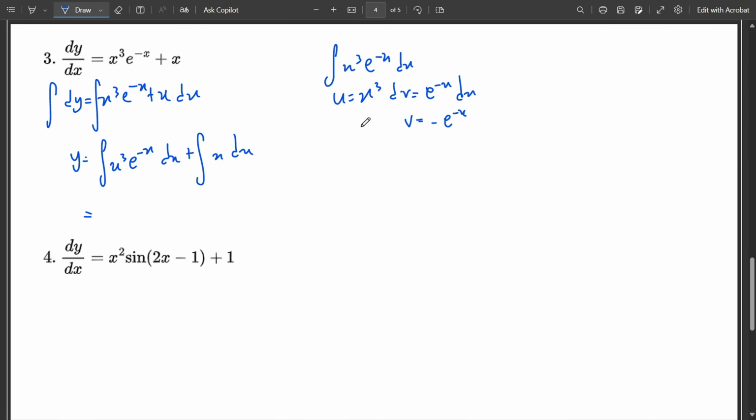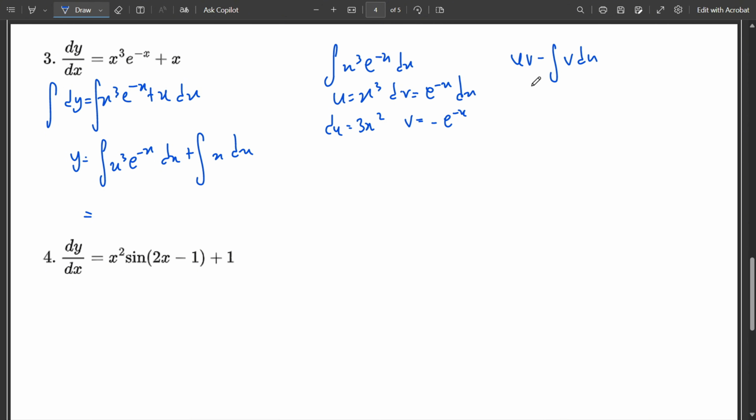And du is equal to 3x squared dx, right? You know that the formula of integration by parts is uv minus the integral of v du.